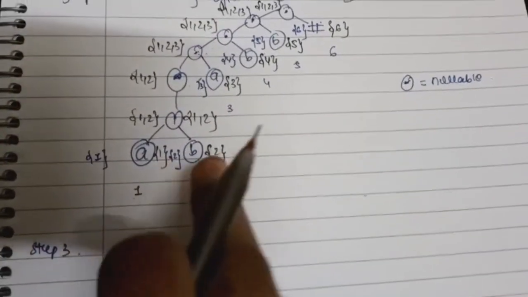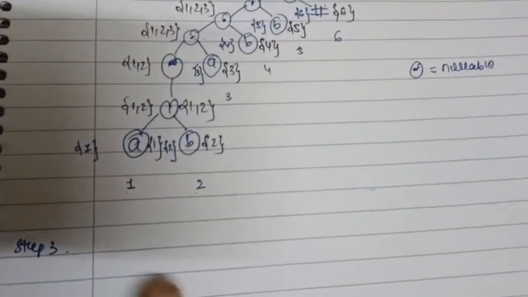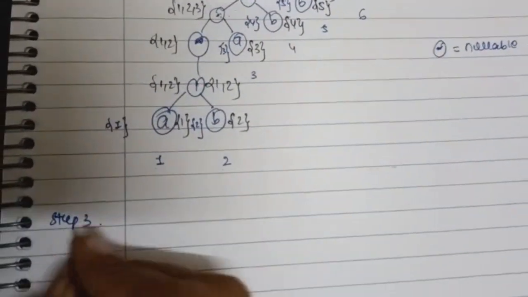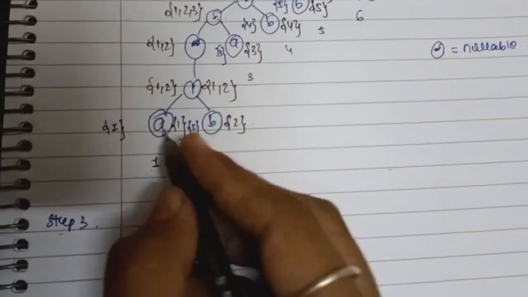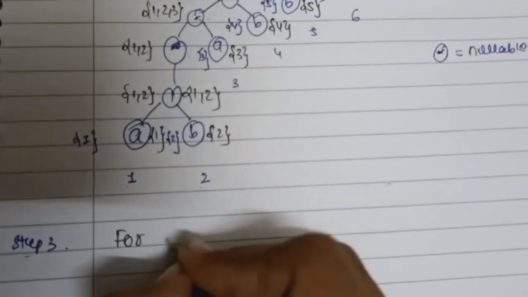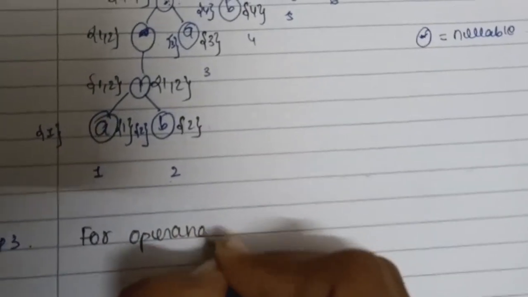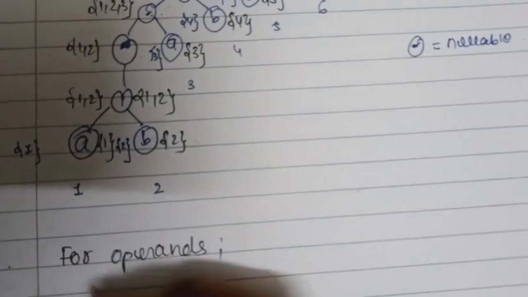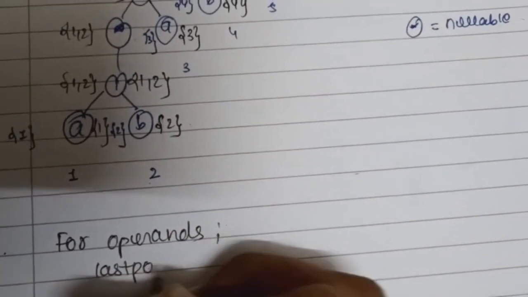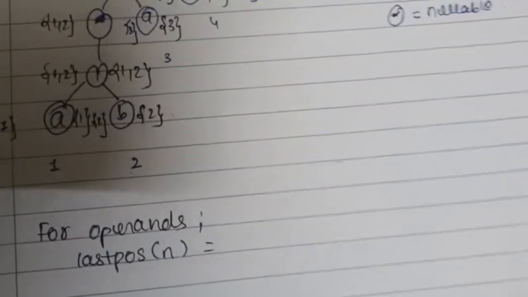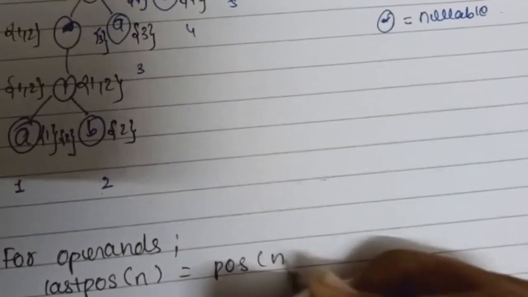I am writing here directly in the diagram, but you need to write it out. I'll just explain for the first position. For operands you can write that the last position of n is equal to the position of n.